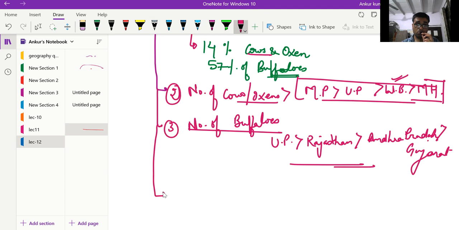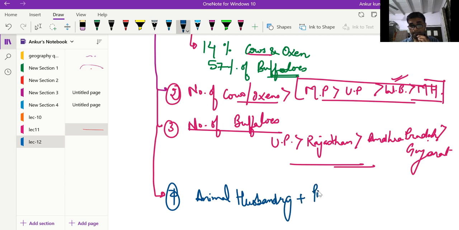And if you see the contribution of this sector in GDP, animal husbandry plus pisciculture together contribute 29.7% of agriculture GDP.